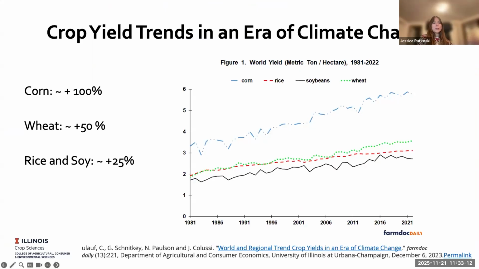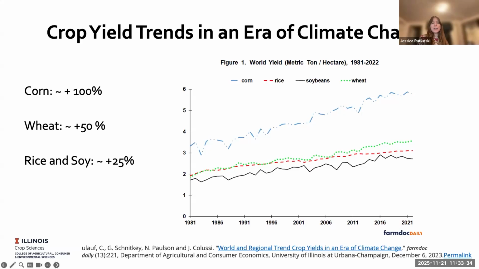So to start off, I want to sit back and marvel at what we've been able to achieve in terms of crop improvement over the past 40 years. These are the crop yield trends since 1981 to 2022. This is already in the era of climate change.